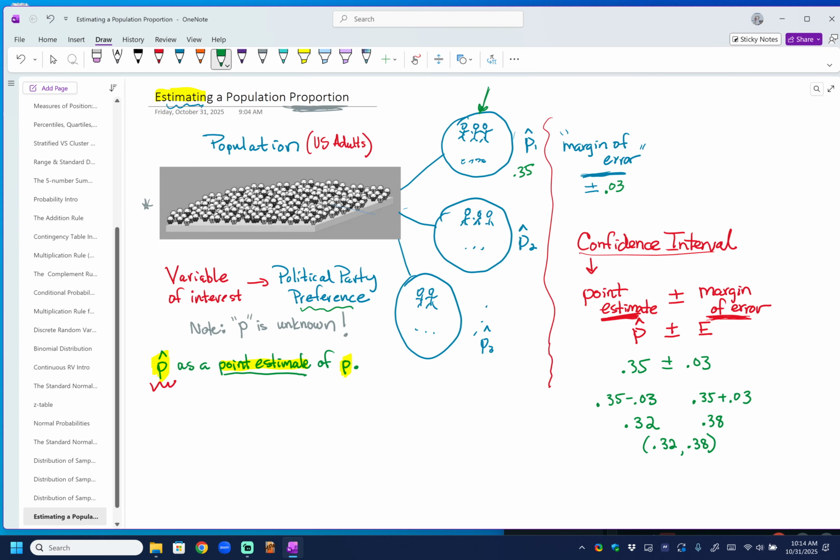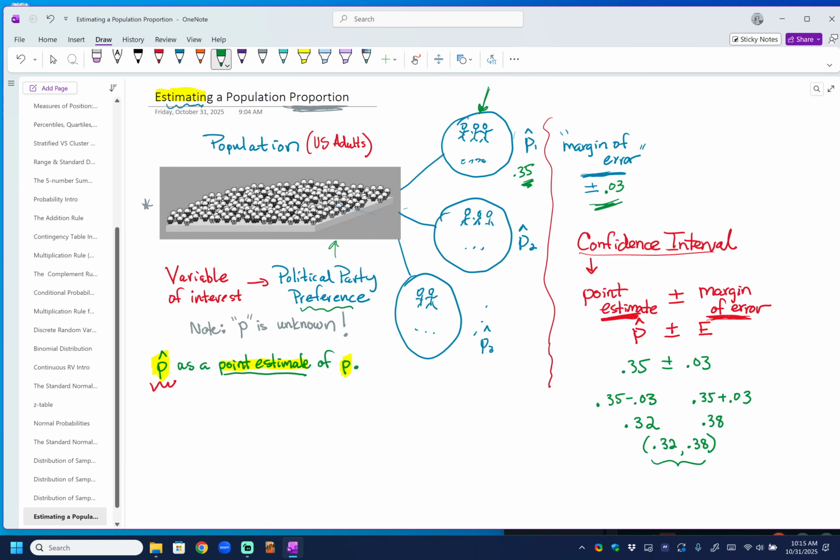So what does that mean for us? In this example, we couldn't use 0.35 as a direct replacement for the true population proportion, but we, along with the margin of error, can estimate the true population proportion as somewhere in this span.